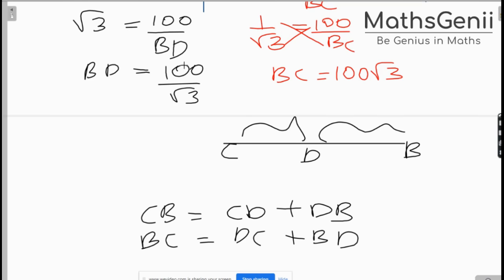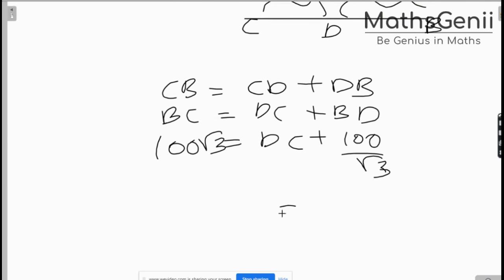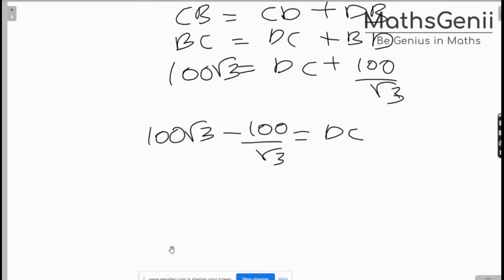So you have BD. Do you have DC? Oh no, you don't have DC. BC you have. Now to find DC, what I'm going to do is 100 root 3, this plus goes to this side, becomes minus.